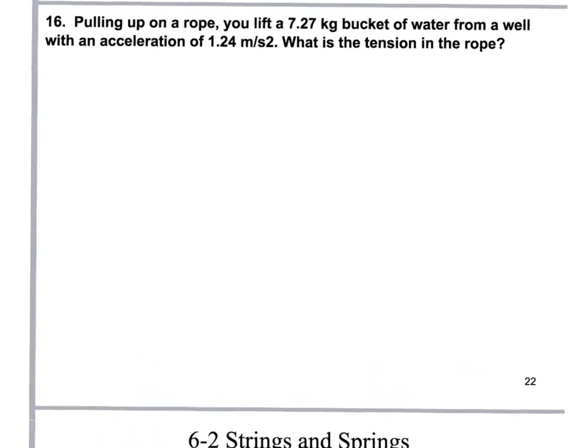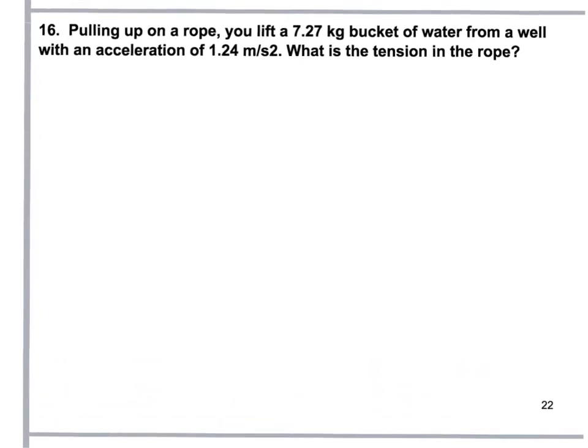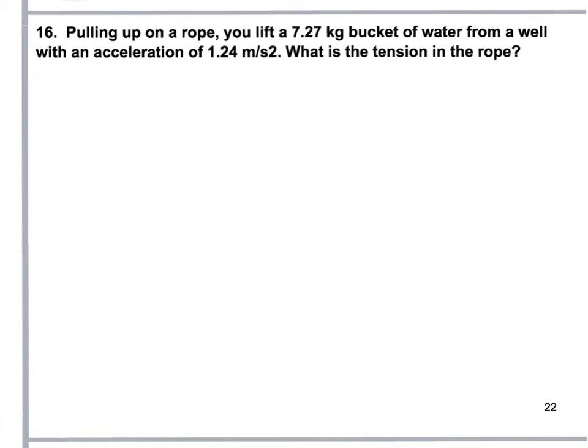So we're going to do a little problem here. You're pulling on a rope, and you're going to lift a bucket of water from a well. You're given an acceleration of 1.24 meters per second squared, and we want to find the tension in the rope. So we start out with the things that we know.